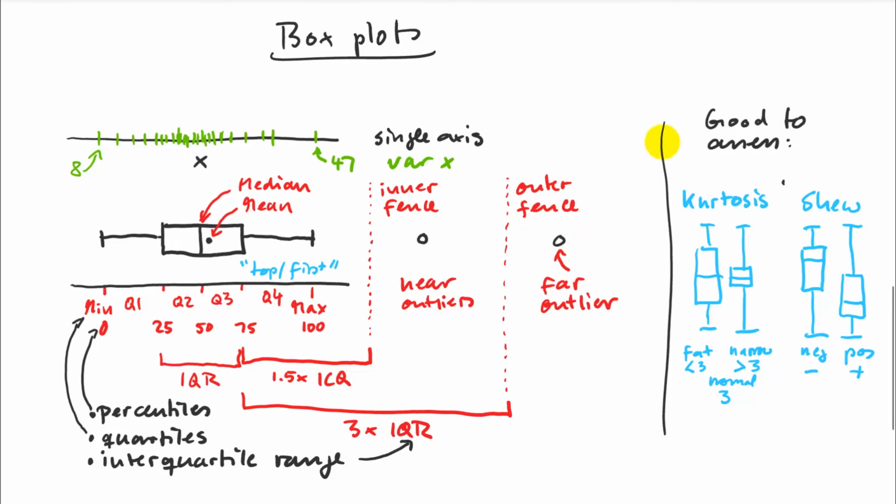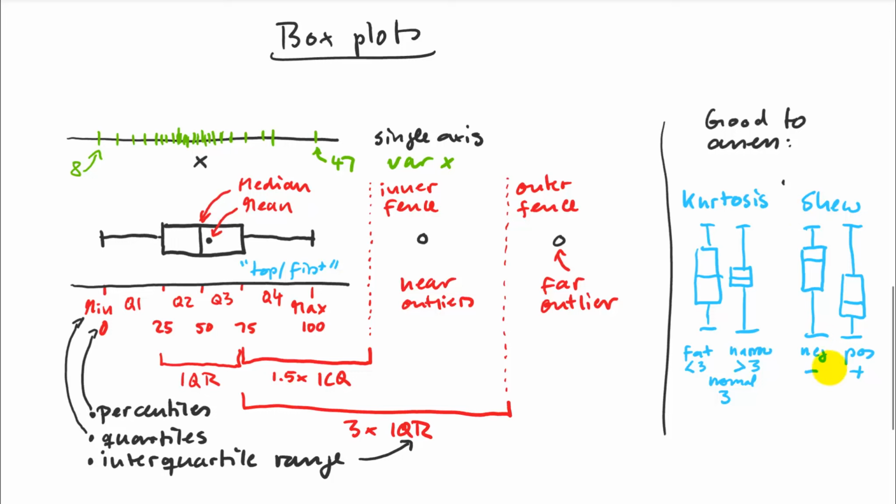Another thing that you can assess very easily with box plots is the kurtosis or skew. Kurtosis simply means whether your distribution is fatter or narrower than a normal distribution. A normal distribution in the kurtosis metric is defined as 3. If you get a number smaller than 3, it's fatter, and larger than 3 would indicate a narrower distribution.